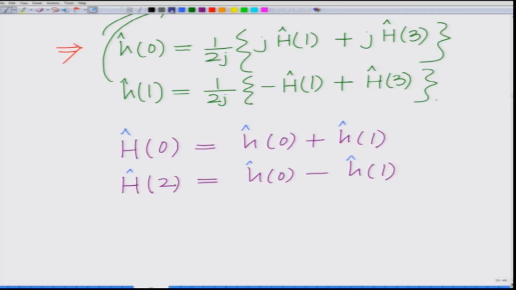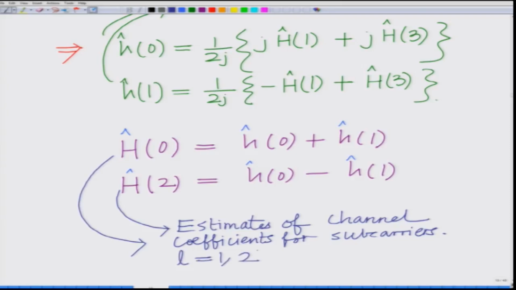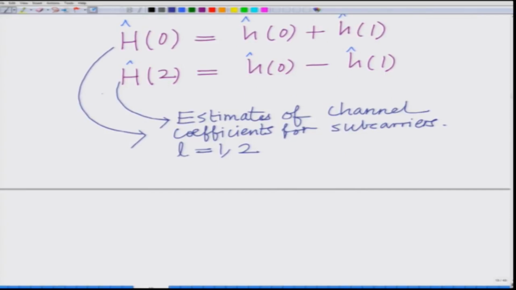So, basically now you can see the estimates capital H hat 0, capital H hat 2, these are estimates of your channel coefficients for subcarriers l equal to 1, 2, which are basically the estimates of the channel coefficients for the non-pilot subcarriers, or estimates of channel coefficients for the information subcarriers.